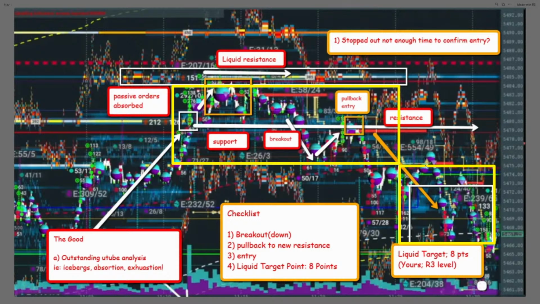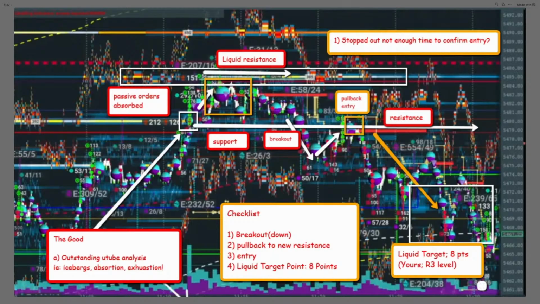Why I mention this is trying to let things run, but also look at your liquidity to match with your measured move. Because if this is the distribution and then you get your markdown, likely you're going to get something pretty close to your measured move. It might go further, it might go less.